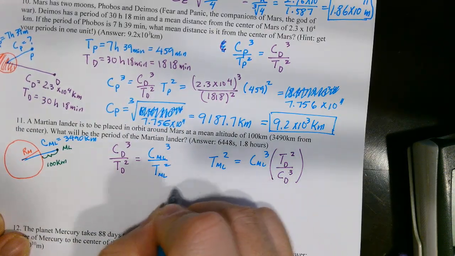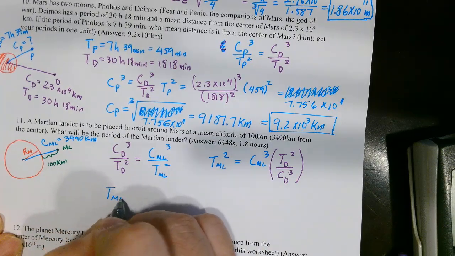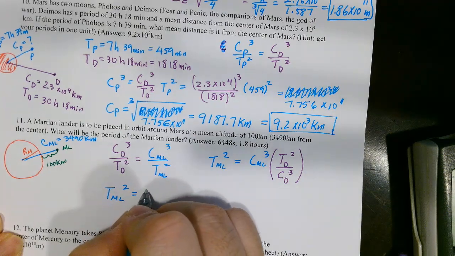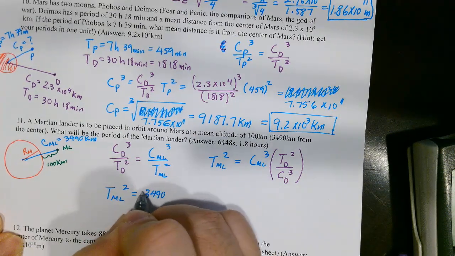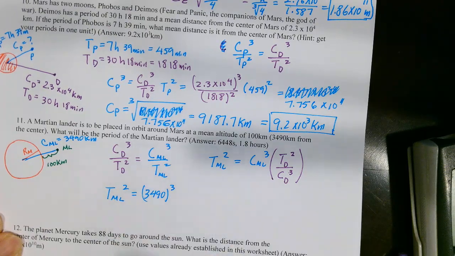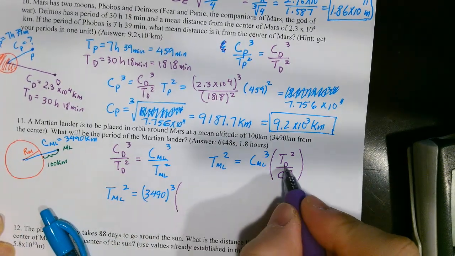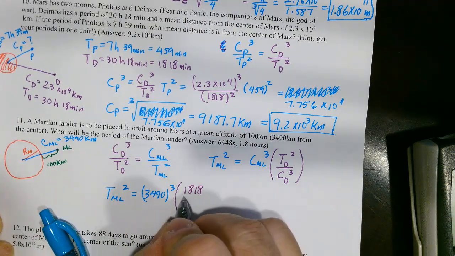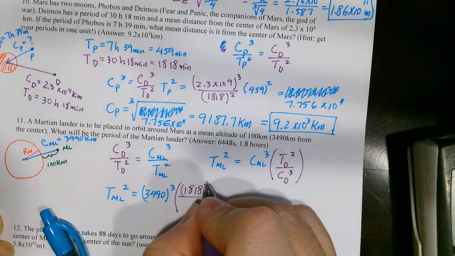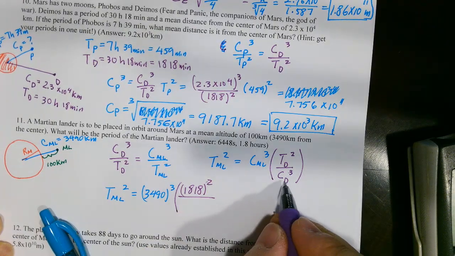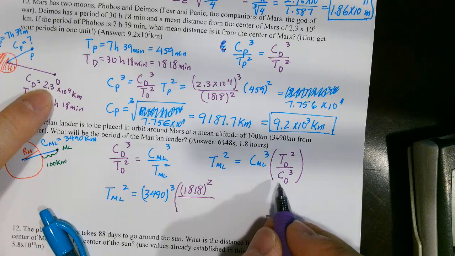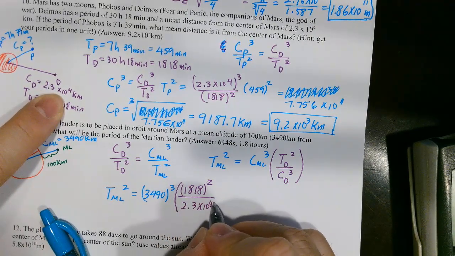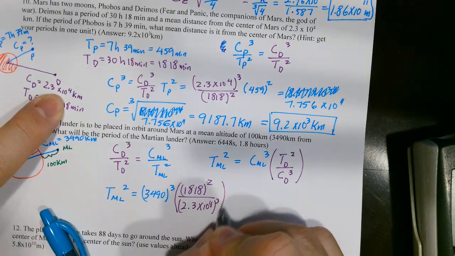So T Mars lander squared is equal to C Mars lander, which is 3,490 kilometers cubed, times T Deimos, which is 1818, squared, over C Deimos, which is 2.3 times 10 to the fourth kilometers cubed. Okay?